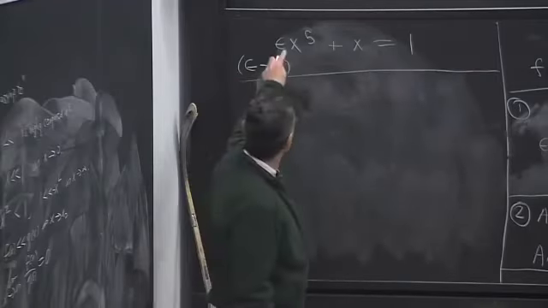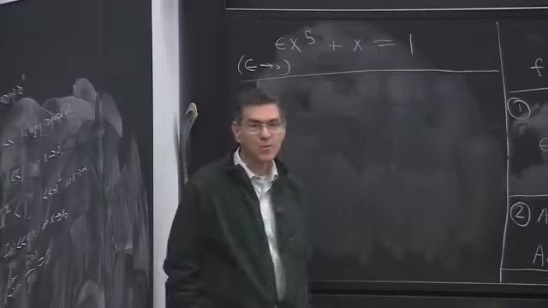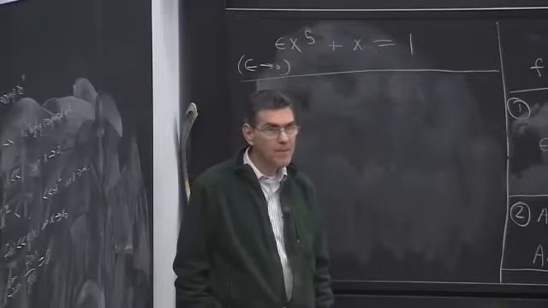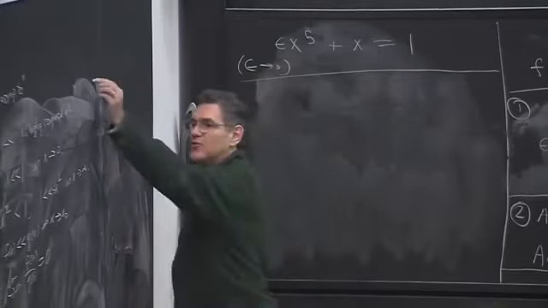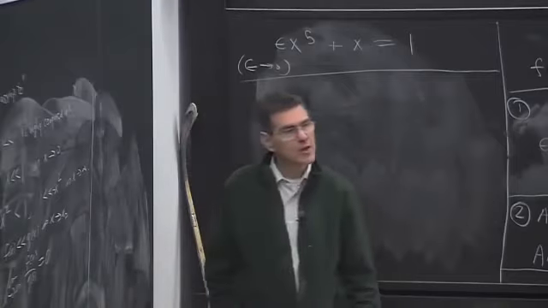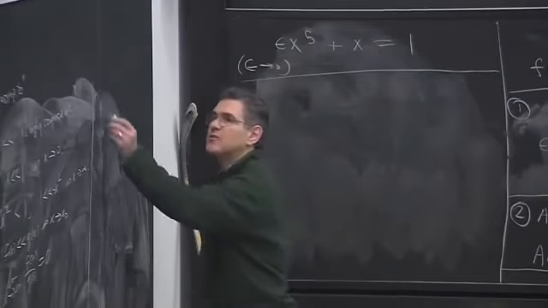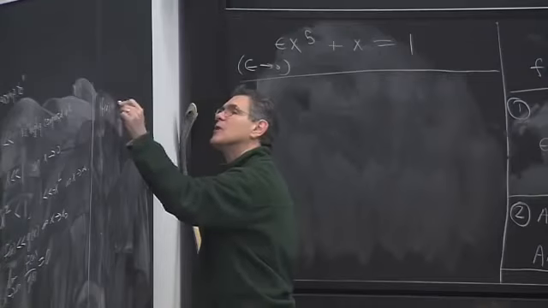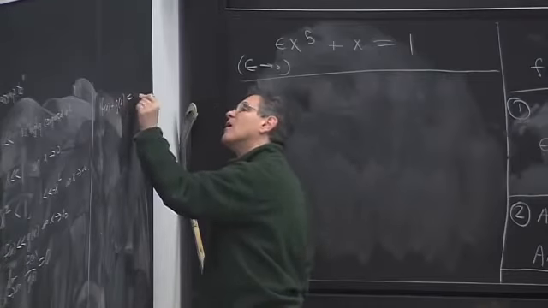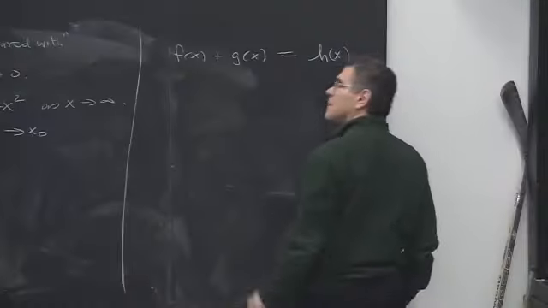Well, you notice that there are three numbers in this equation. In fact, let's make a general statement before we approach that. Suppose I have an equation that says f of x plus g of x equals h of x.